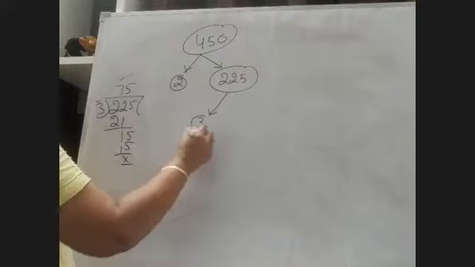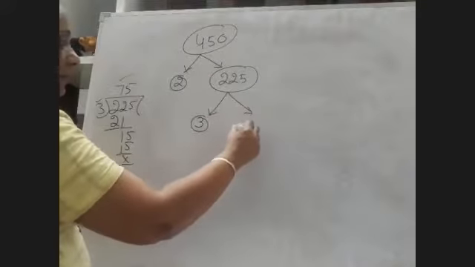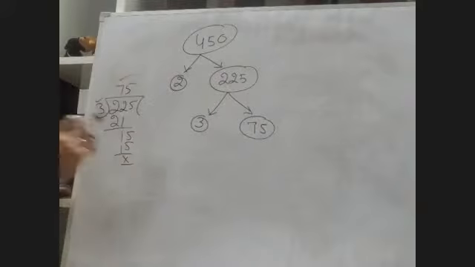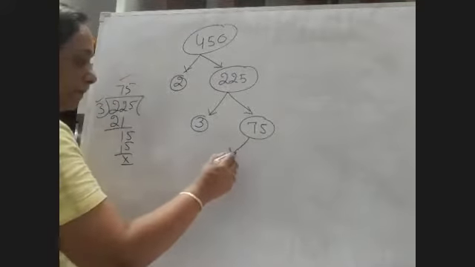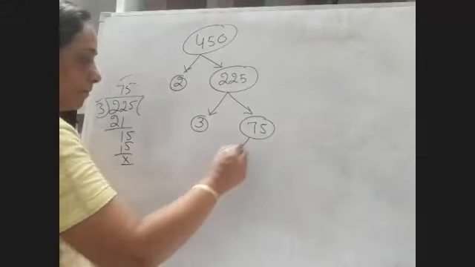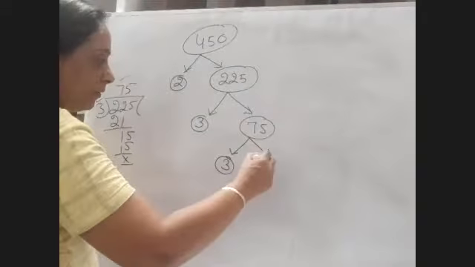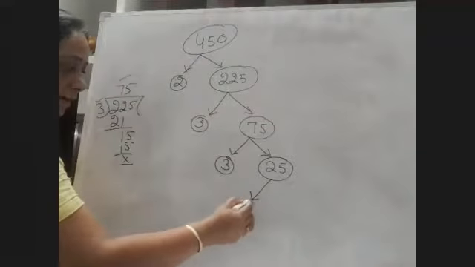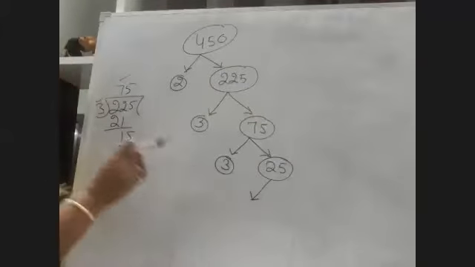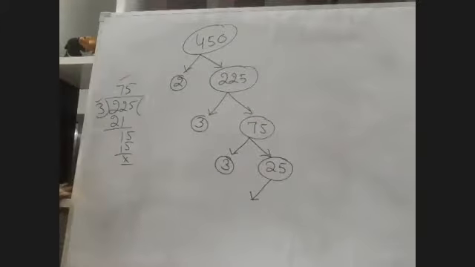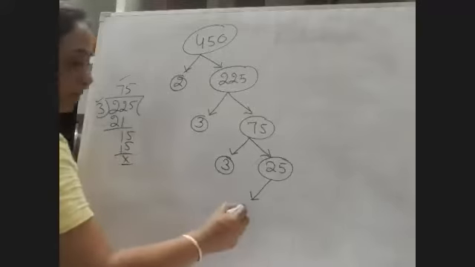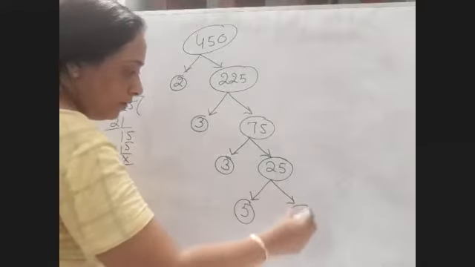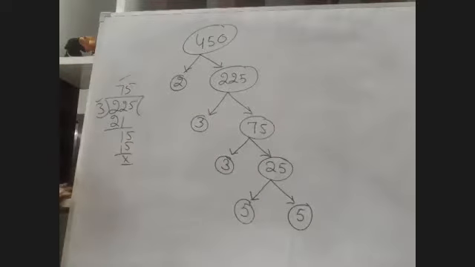3 and 75. Now number 75 again is an odd number. Once again divide by 3. Okay, 25. Now 25 is an odd number, divided by 5, because 25 is not exactly divisible by 3. So next we try 5. 5 5s are 25.